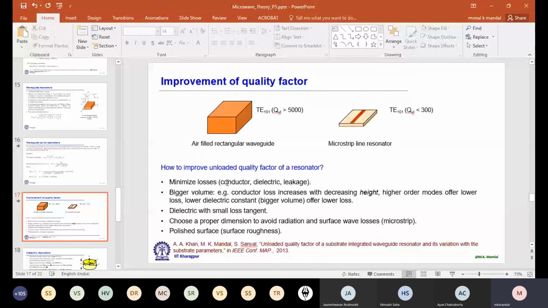We have two different modes. Resonance frequency is the same, let's say 5 GHz. In one case, we are using TE201 mode. Second case, 101 mode. So in which case do we have higher quality factor?